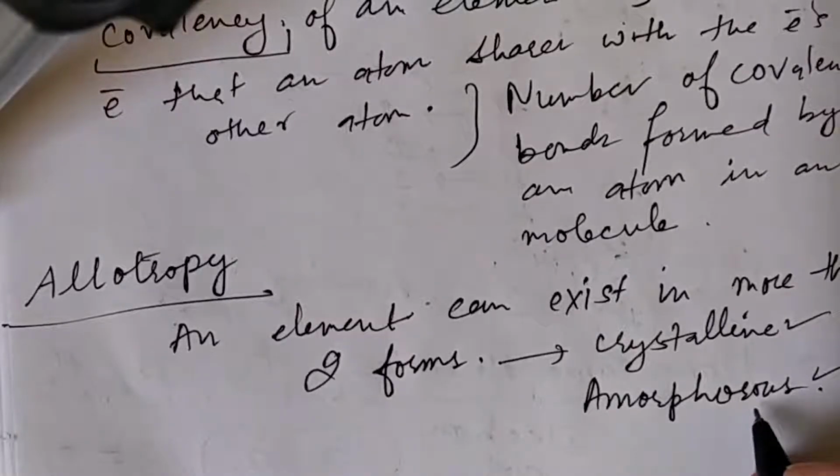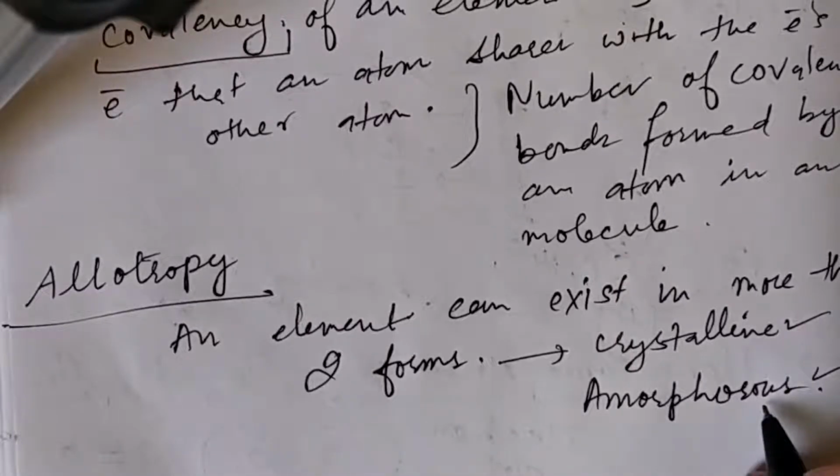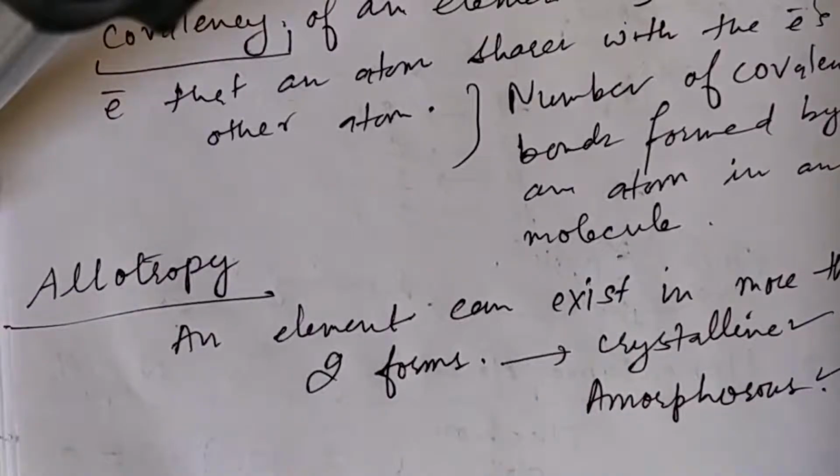Among crystalline and amorphous forms, if you are asked what are the two popular crystalline varieties of carbon, how will you explain it? Diamond is the hardest crystalline form of carbon.